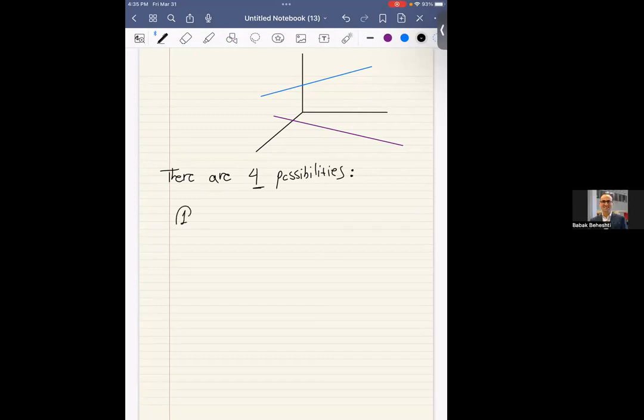So one is the two lines are intersecting, which means they cross each other. Second possibility is that they are parallel but not equal.